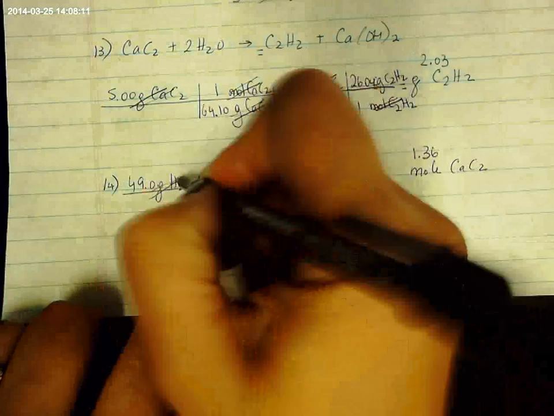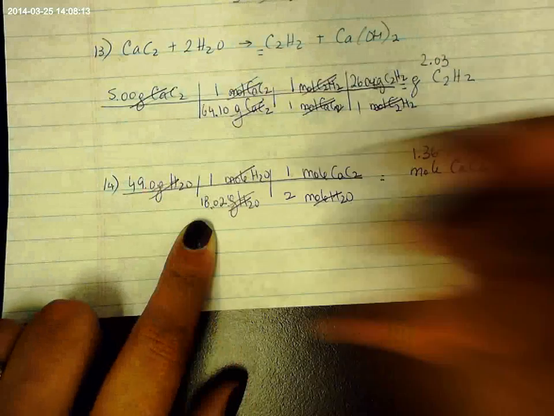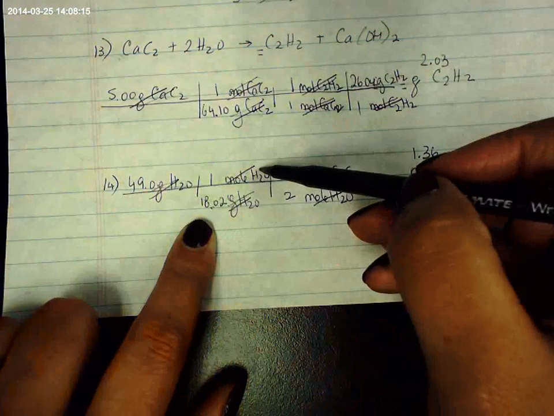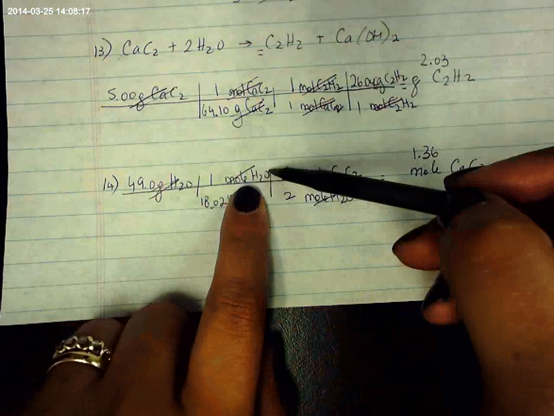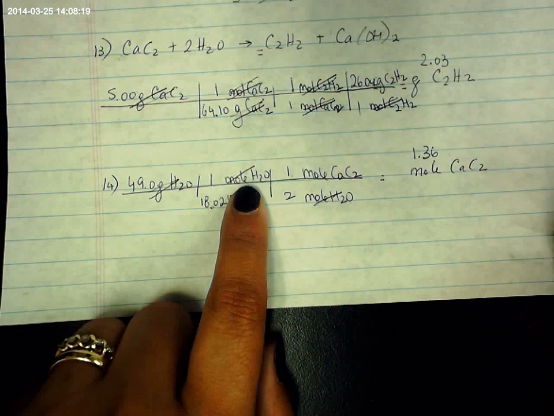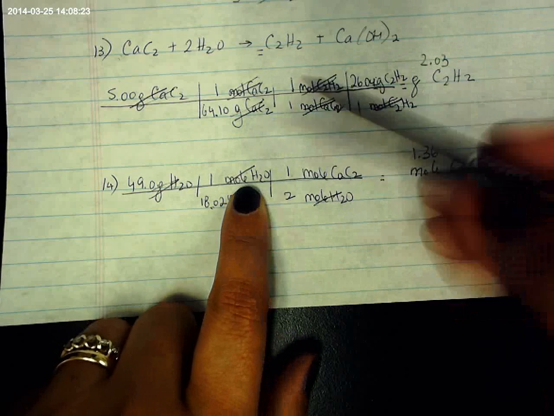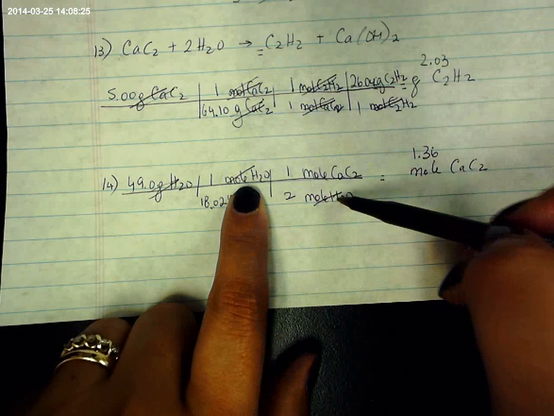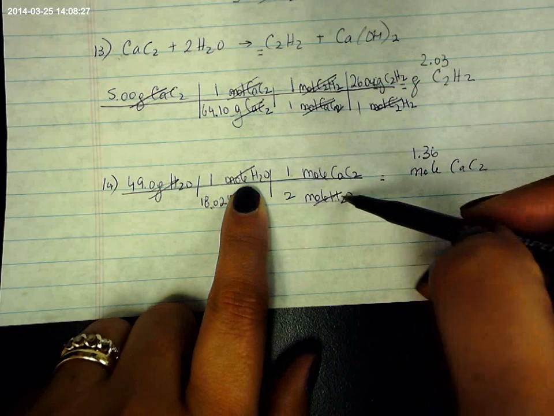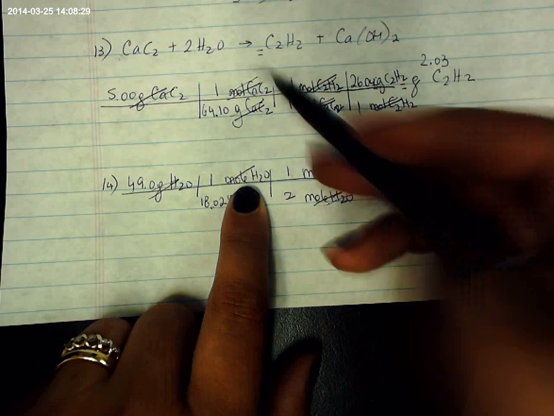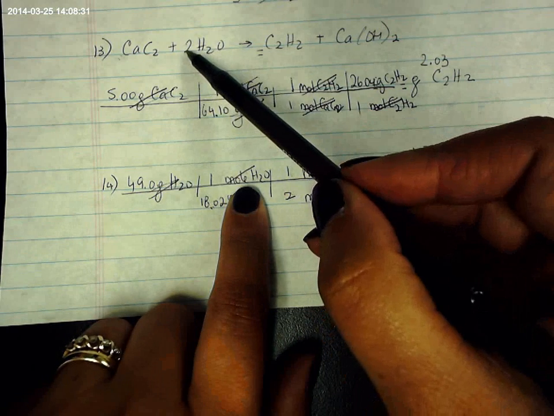You'll notice that the units in the upper left and the bottom right cancel, and now I'm in moles of water. Now that I have moles of water, I can use the mole ratio to convert from water to calcium carbide. In the bottom of the mole ratio, I'm going to put 2 moles of H2O, because the coefficient in front of H2O in the chemical equation is a 2.